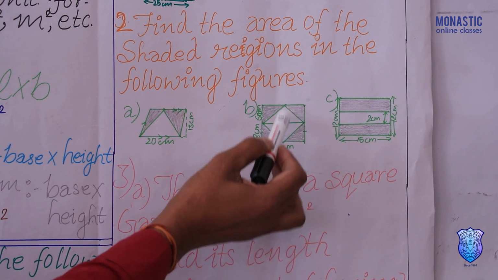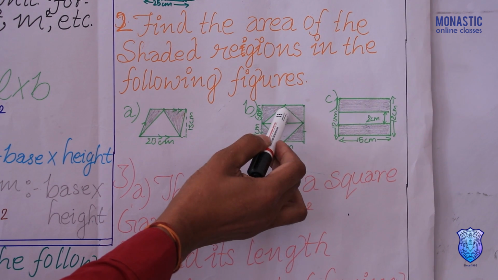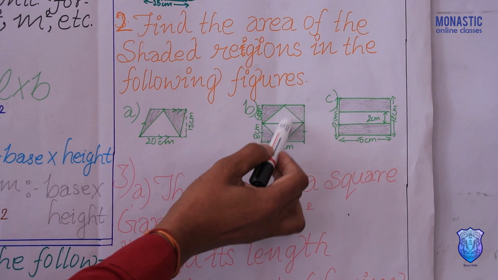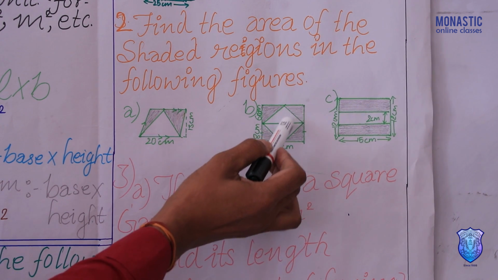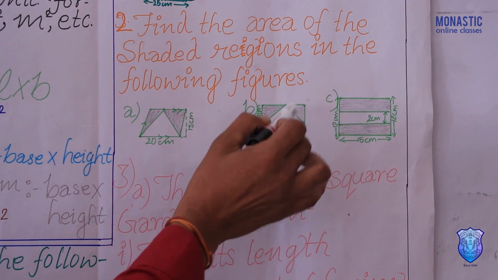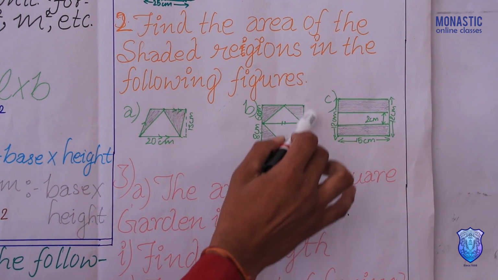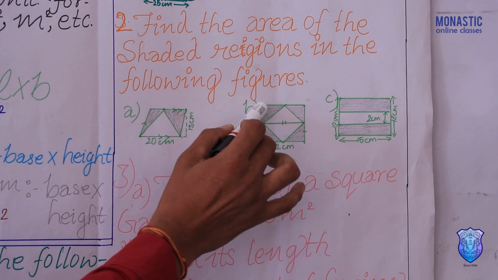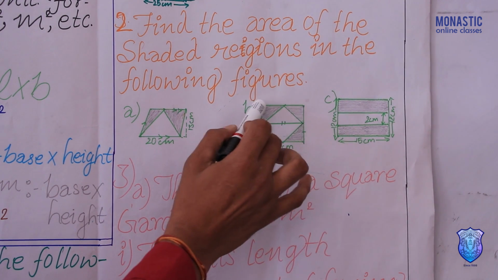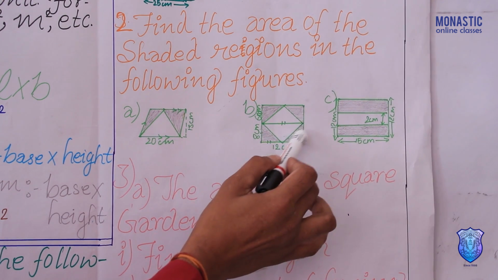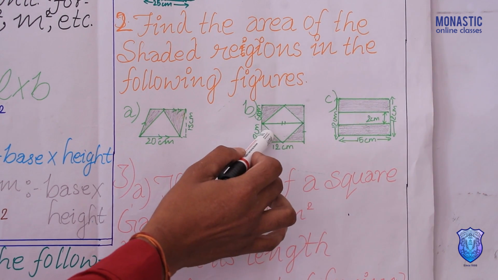It means first find the area of the first triangle, then the area of the second triangle. After that, add both. After that, take the difference from this whole part. And when you take the difference from the whole part, easily you will get the area of the shaded region.